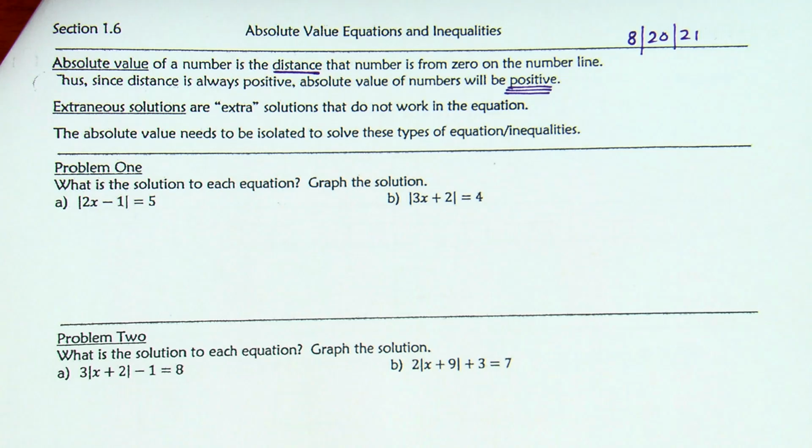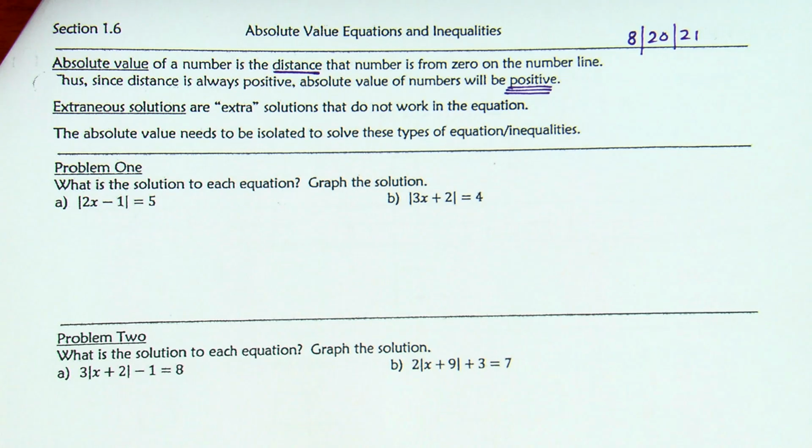Another piece of information we have to talk about when we talk about absolute value is extraneous solutions. And I would like to think they came up in Algebra 1 somehow, somewhere. The extraneous solutions are, notice what it says there, extra solutions. They are extra solutions that do not work. In certain situations, in absolute value, it happens, because absolute value bars have to make something positive, right?